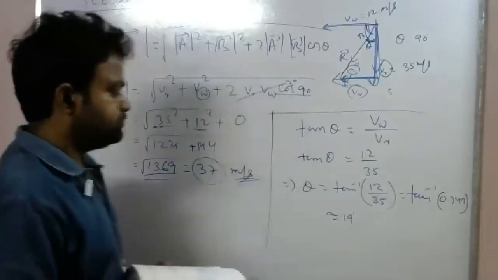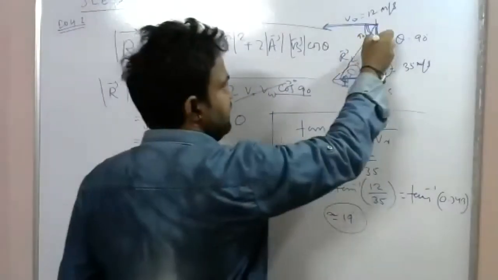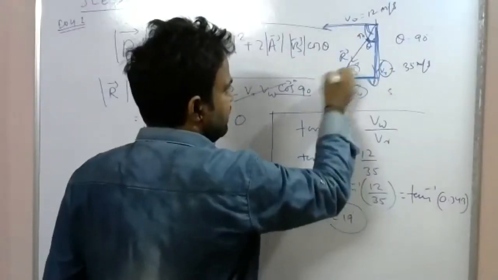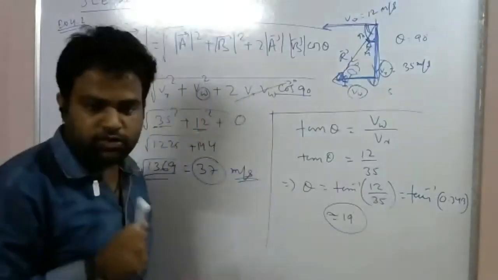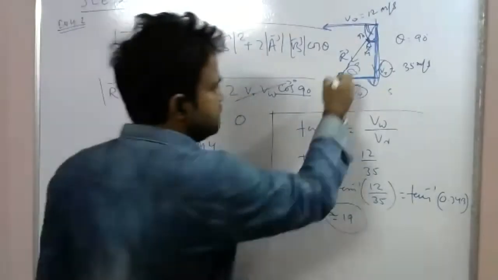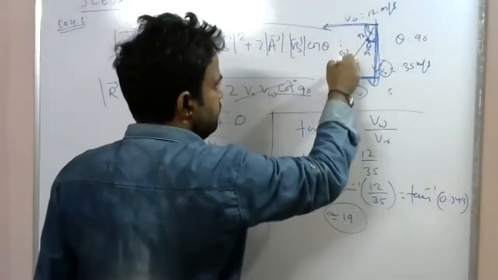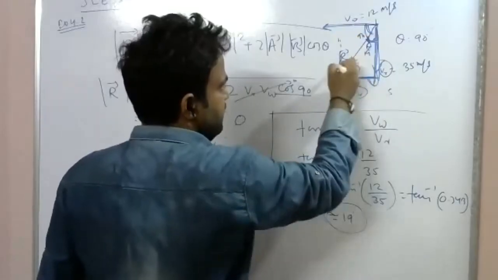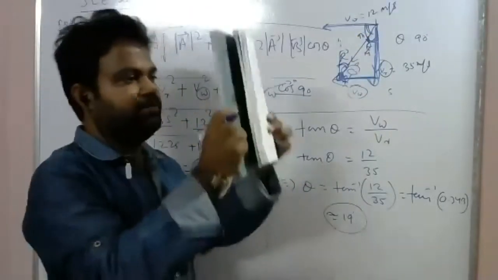Now you got that this is 19 degrees, but you are standing here. So how can you say that your umbrella angle should also be 19 degrees? Because you are standing here with your umbrella, draw a perpendicular. Now this angle and this angle must be the same. You are holding your umbrella like this.